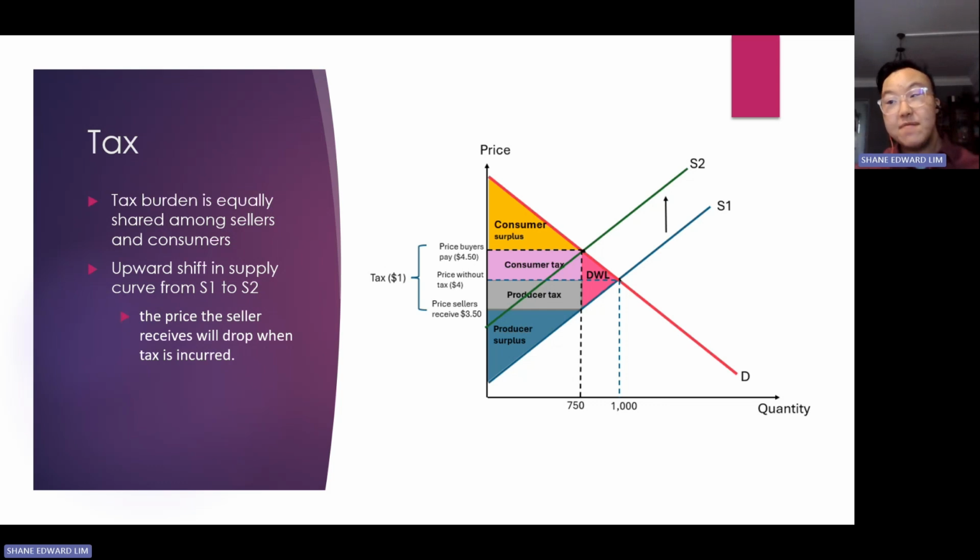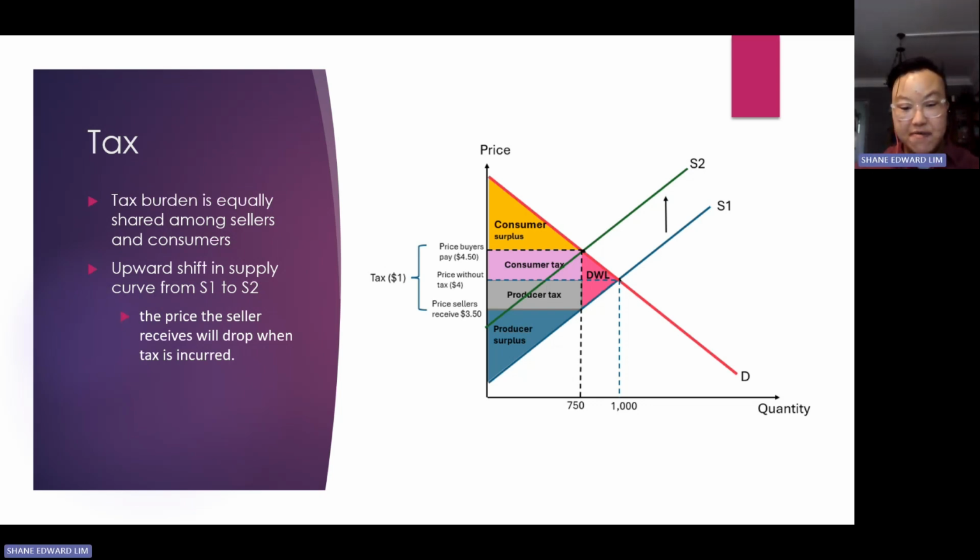The consumers will pay 50 cents more as a result of the tax. But the producers only receive $3.50. They receive 50 cents less compared to when the price was at $4. The tax burden is shared between consumer and producer alike, as consumers pay 50 cents more and producers receive 50 cents less.